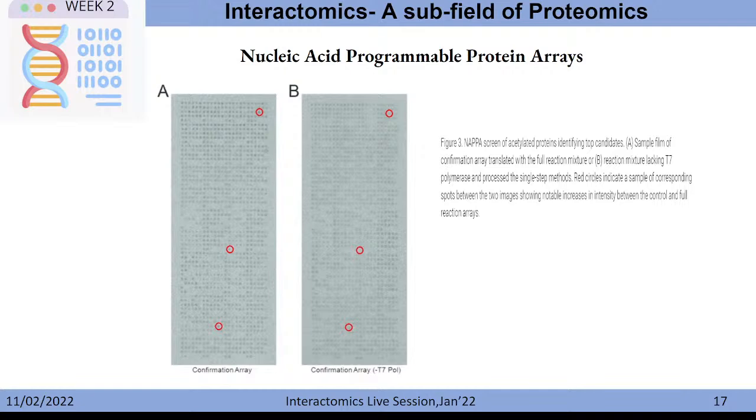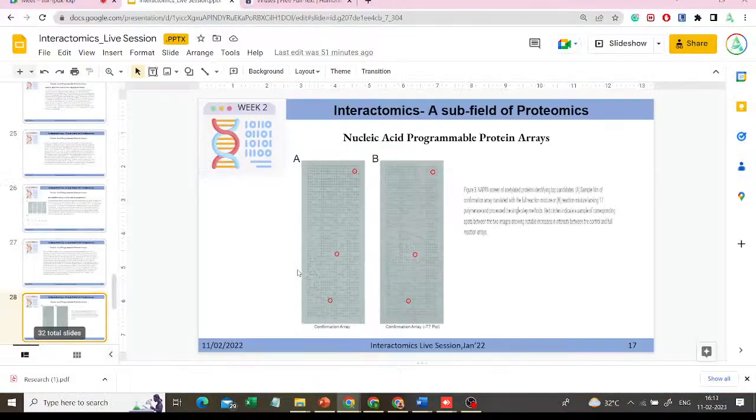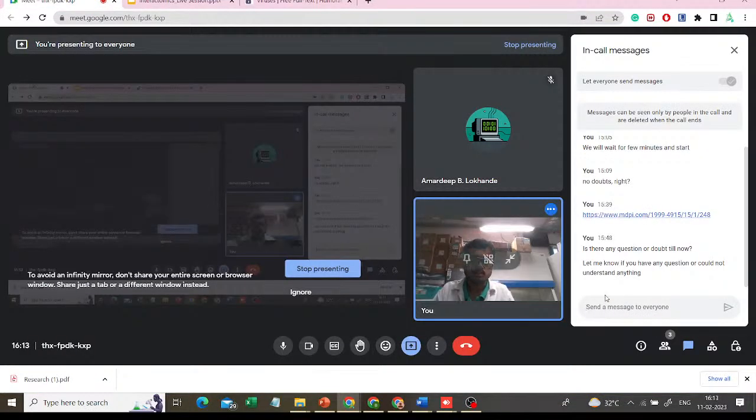So this was the experiment that was done using no enzyme, chemical deacetylation. Where the GST was tagged and why the GST is there, I think you are clear now.